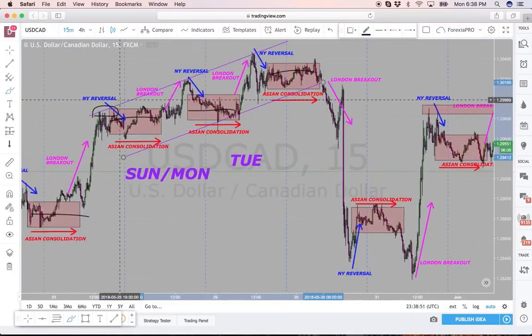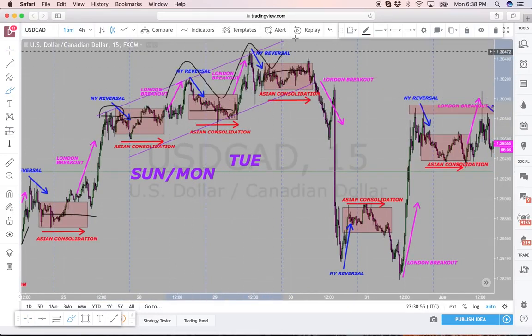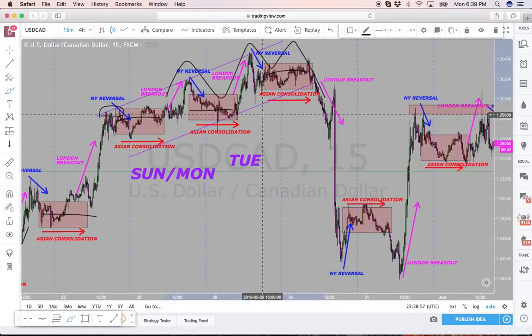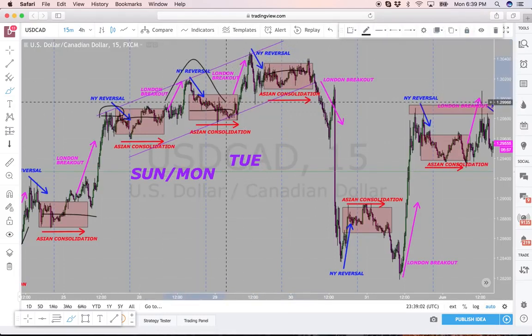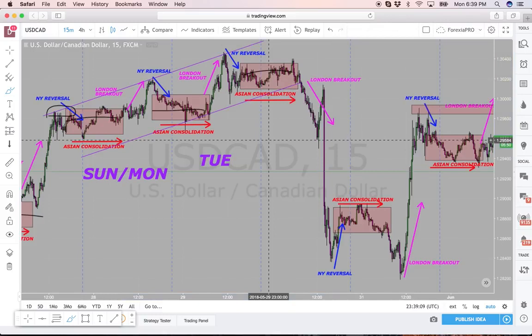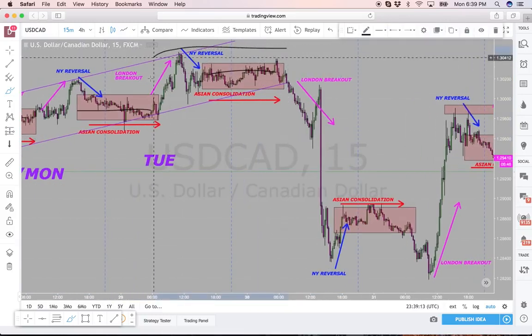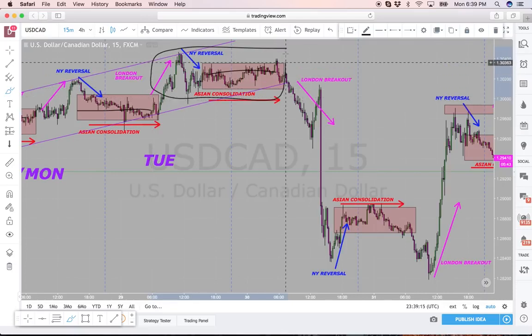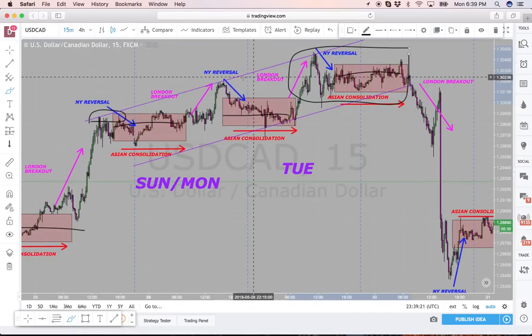The head and shoulders right here was created, or you could say this was the head and shoulders. And the retail traders that were buying into the head of the head and shoulders, not knowing it, got trapped at the high of the week.